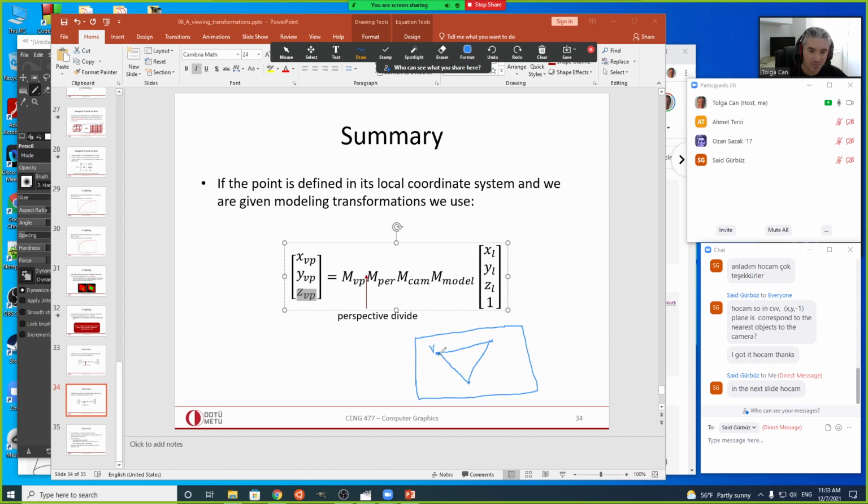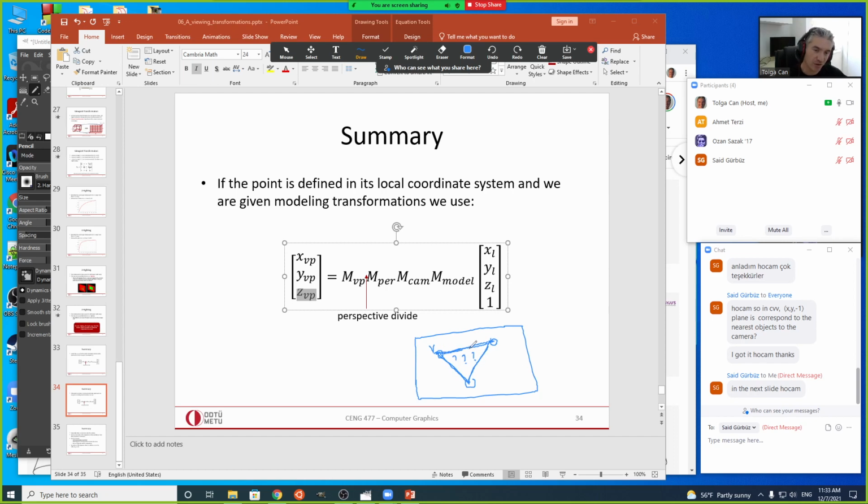We know it's this pixel, this pixel, this pixel. Now, which pixels should be illuminated? In order to draw this triangle on a 2D image pixel space, which pixels should be turned on, turned off? This is what we call rasterization.